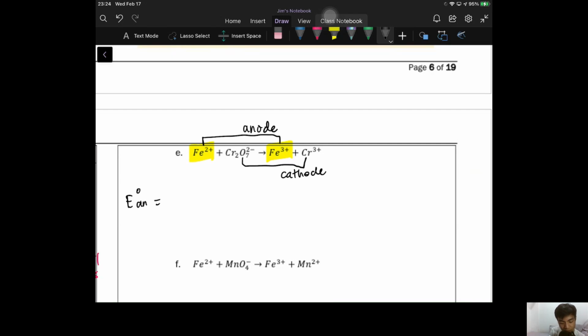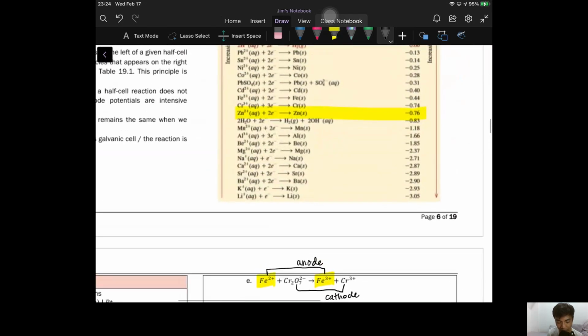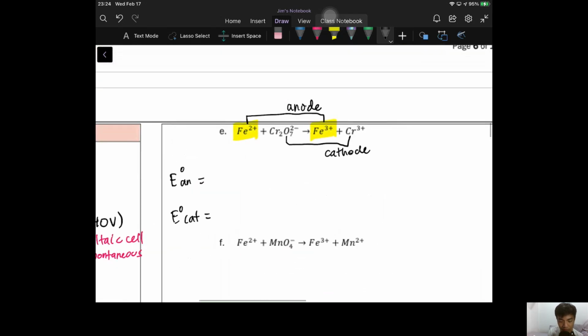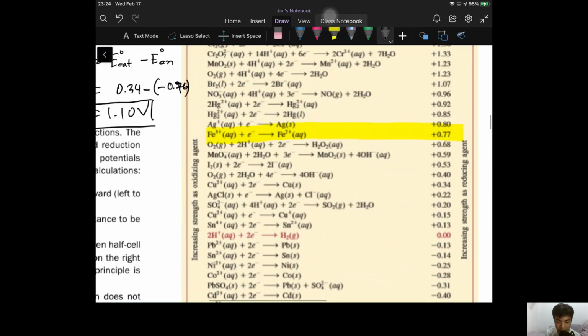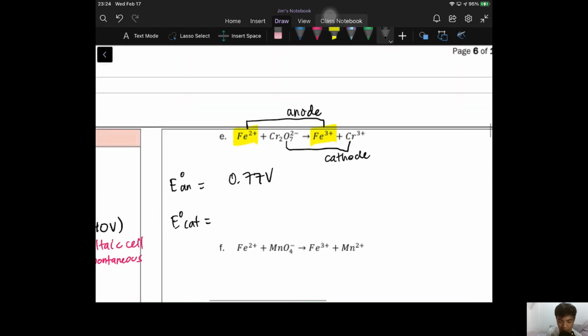So, hanapin natin yung E naught anode, pati yung E naught cathode. So, hanapin natin yung Fe2+, Fe3+. Actually, na-solve na natin yung kanina. Ayun, 0.77 yun. Okay. Then, yung cathode, dichromate to chromium 3+. Hanapin na lang natin. Okay, so ito yung dichromate, chromium 3+, 1.33. Okay, so positive 1.33.